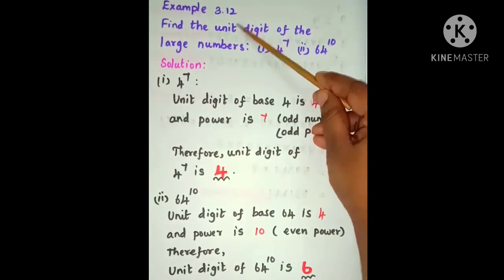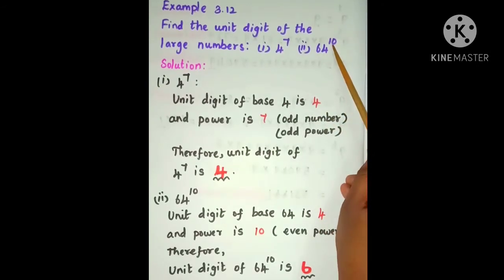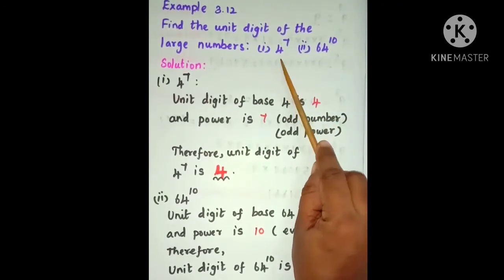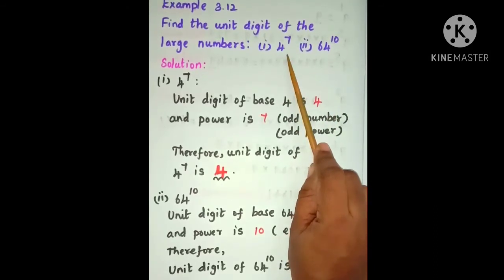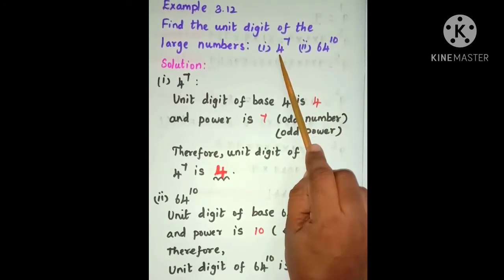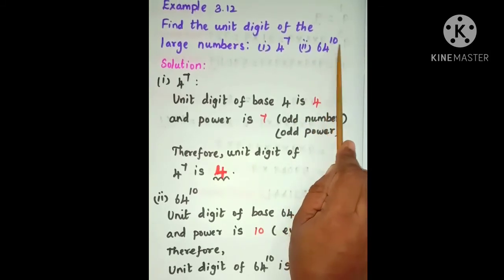Example 3.12. Find the unit digit of the large numbers 4 power 7 and 64 power 10. So here, see, the base ends with 4. We have to note the powers. In the first exponential form, it is base 4 with odd power, and the second is base 4 with even power.